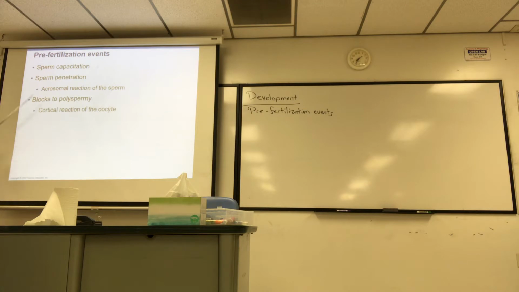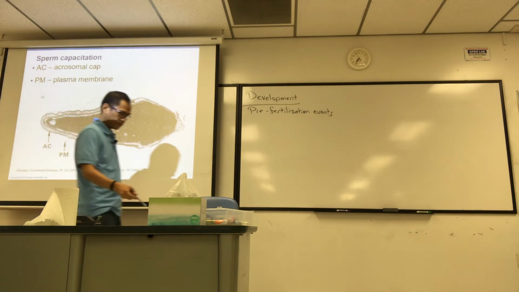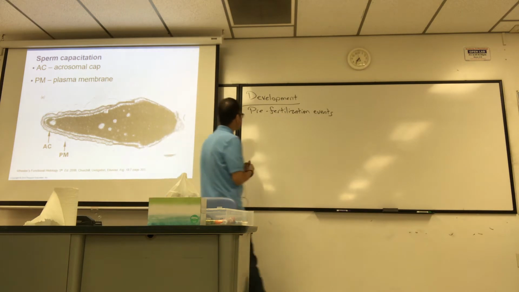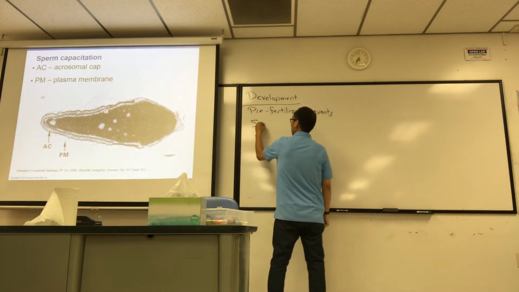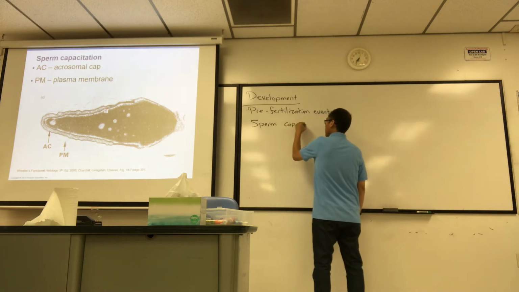That refers to the sperm head. Capacitation. Capit means head. Let's look at the sperm head again. And let me remind you of something I taught you before. The AC, the acrosomal cap. Sperm capacitation.